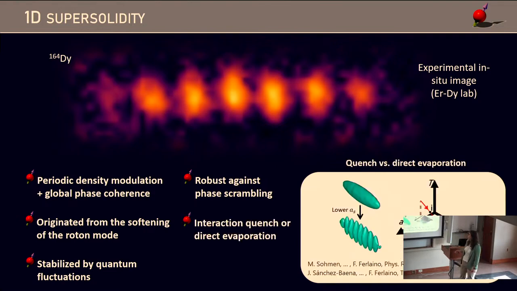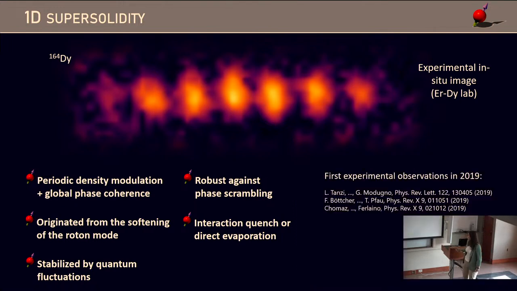We also know how to produce this state, in particular via two different methods: either by interaction quench, by lowering the scattering length by means of Feshbach resonances, or by directly evaporating into the supersolid state. The first experimental observation of a 1D supersolid was back in 2018 by 3 groups in Pisa, in Stuttgart, and in Innsbruck.